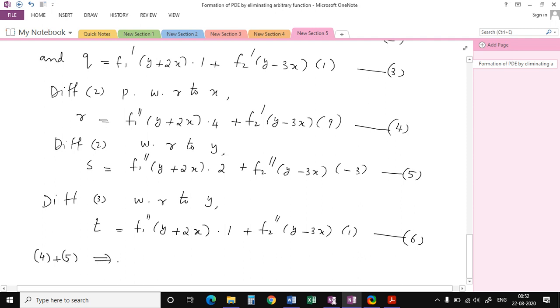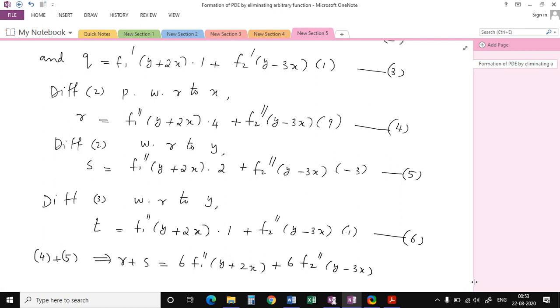This implies r plus s equal to 6 into f1 double dash y plus 2x plus 6 into f2 double dash y minus 3x. Actually this was f2 double dash.